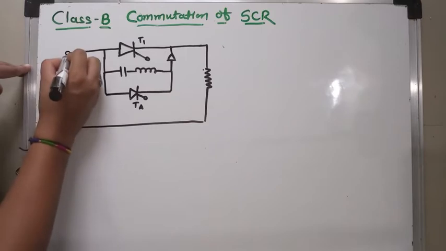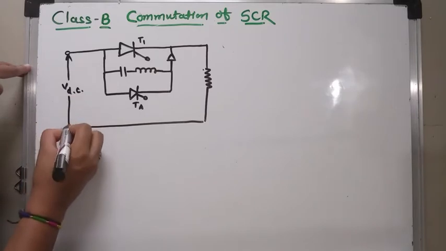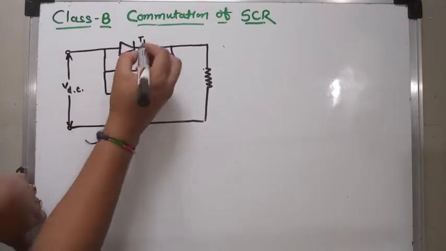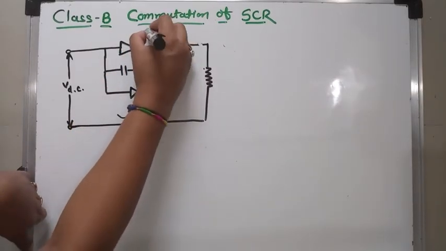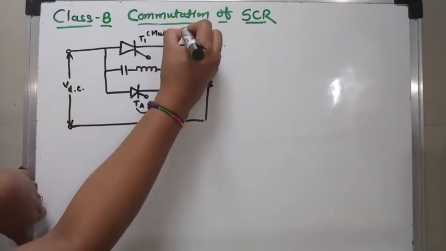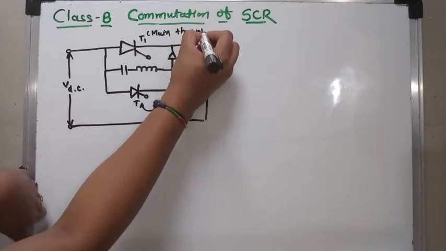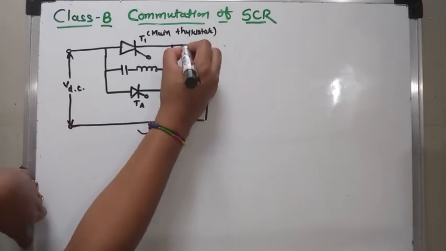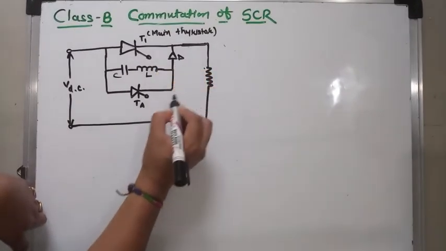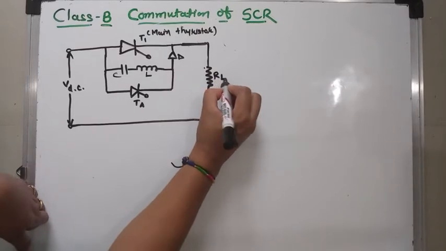This circuit is energized with a DC source. In a forced commutation there is always a DC input supply. Thyristor T1 is the main thyristor which is required to be turned off. Here are a capacitor C, inductor L, diode D, an auxiliary thyristor, and a load RL.